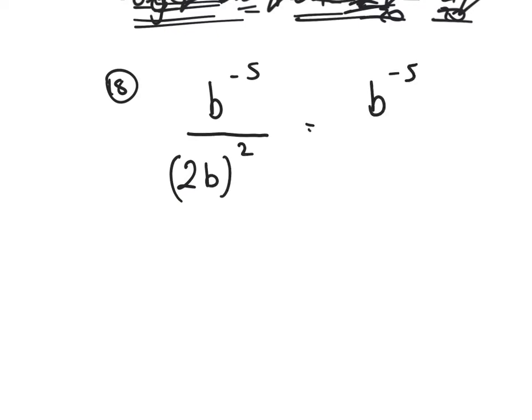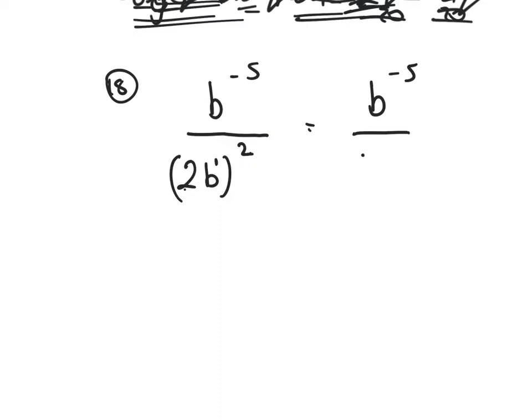Okay, example 18. We've got b to the minus 5 divided by 2b all squared. So that'll be b to the minus 5 divided by, well, the power there is 1.